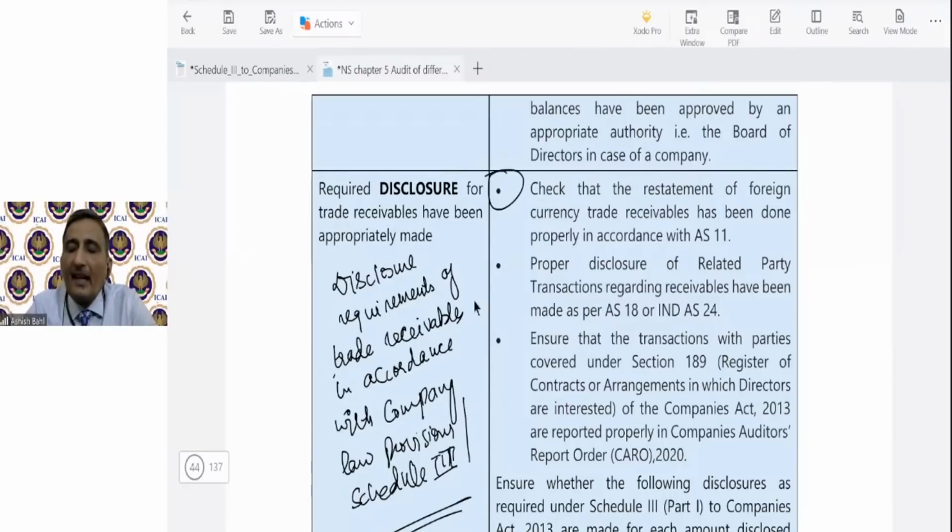So when a sales transaction is made on a certain date, obviously the exchange rate of the Indian rupee with respect to the US dollar would be something, say 82 rupees. And when the payment comes, the rate may be different. It may be say 82.50 or say 81.